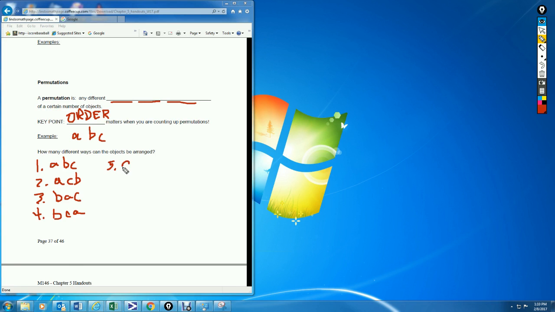Or I could put the C first and have AB, or I could do C, B, A. And that's it. There's no other way to arrange these 3 objects. So in other words, there are 6 different permutations of these 3 objects. Okay? 6 permutations of the 3 objects.